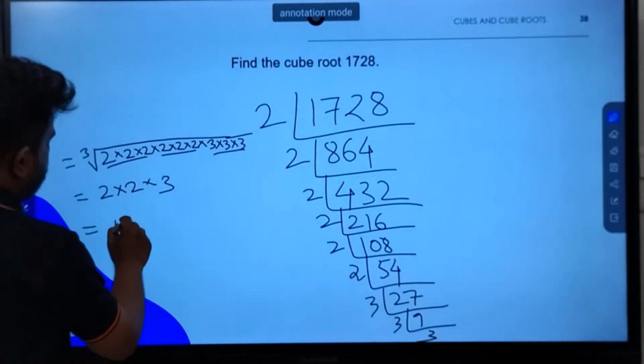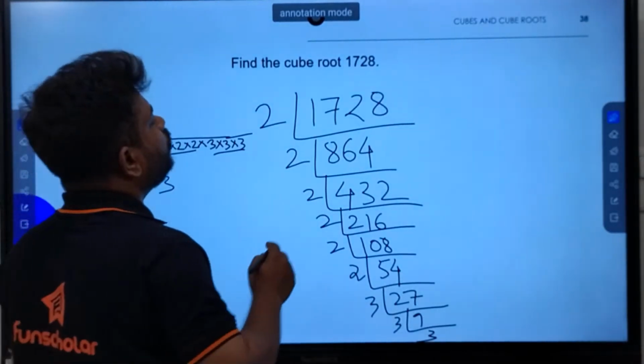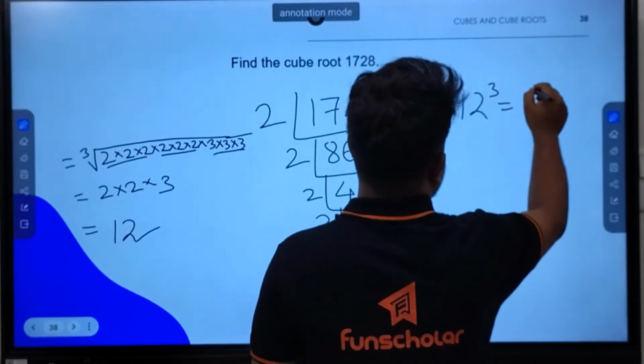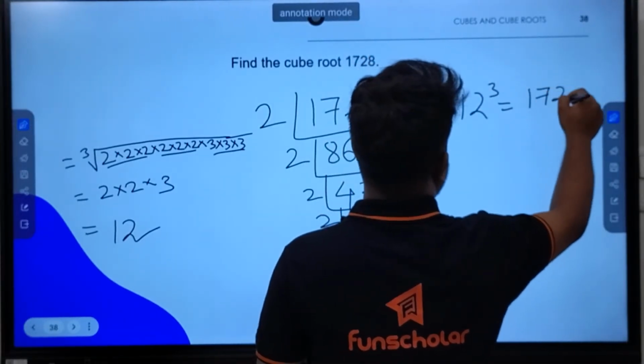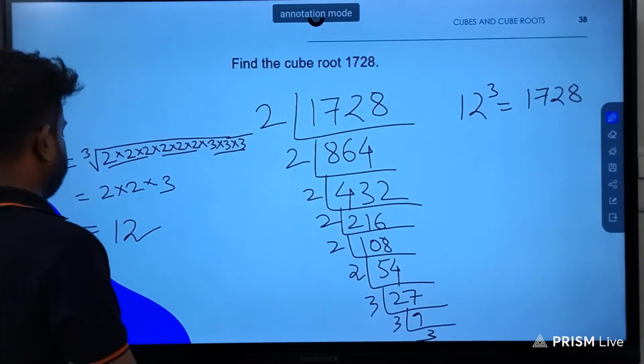So 12 will be the answer. So 1728 is the cube of 12, or 12 is the cube root of 1728. Done.